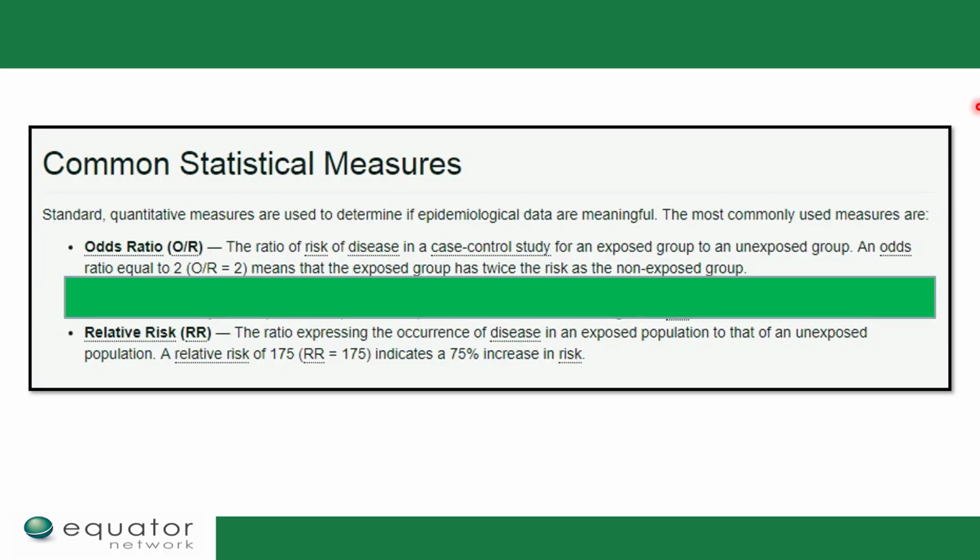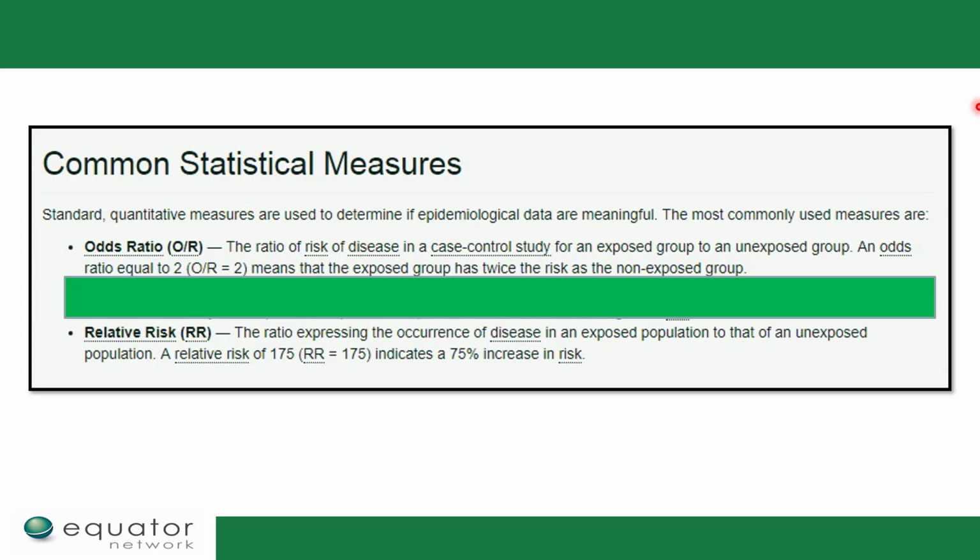So from their name, the odds ratio and the relative risk, those are standard quantitative measures to determine if epidemiological data are meaningful or not. So we have the odds ratio, which means the ratio of risk of disease in a case control study for an exposed group to an unexposed group.